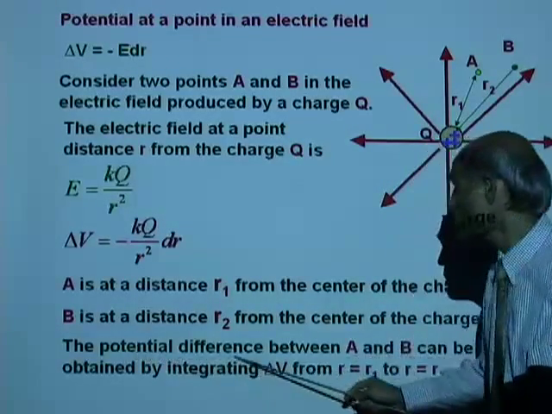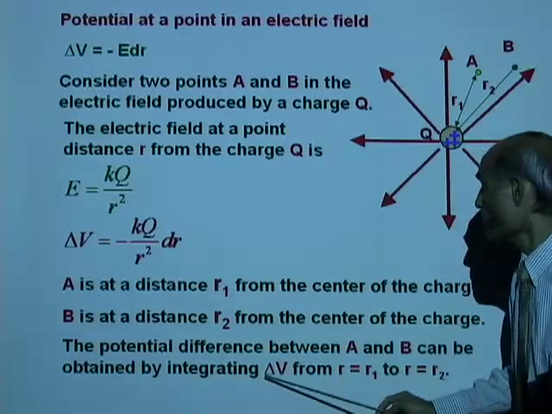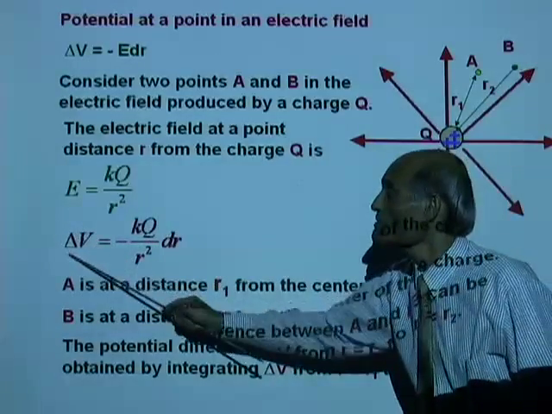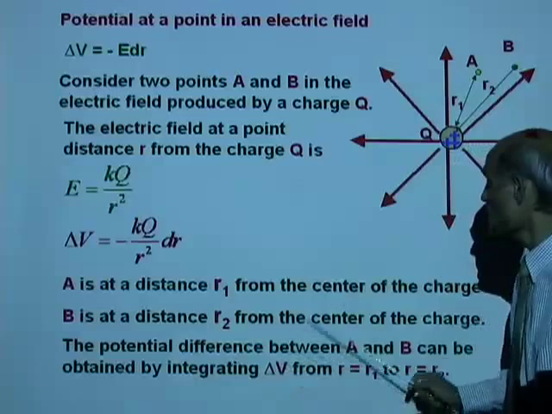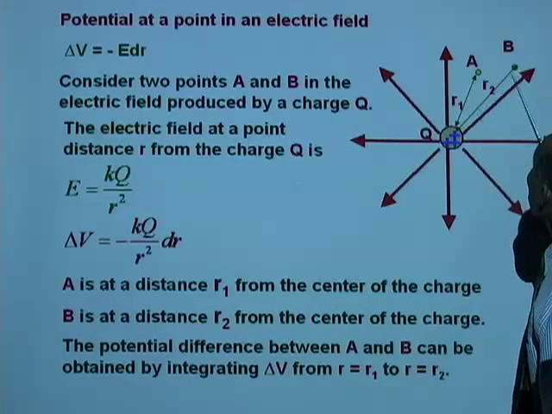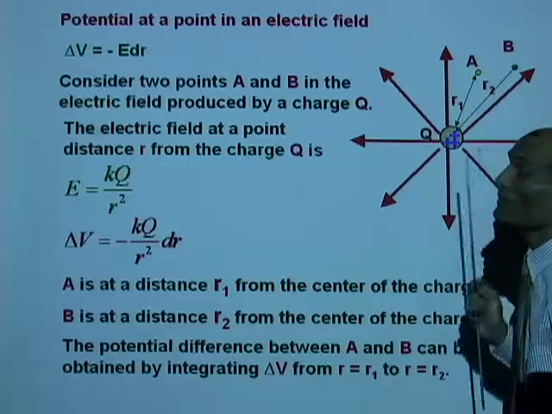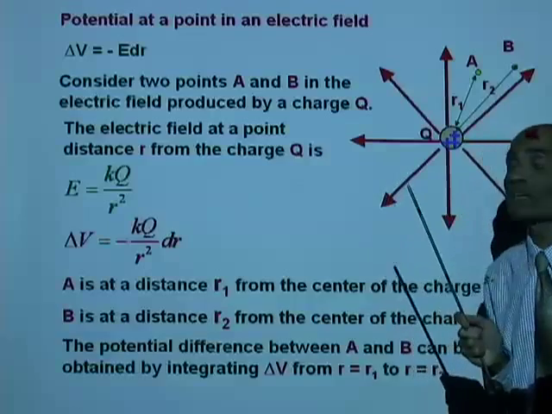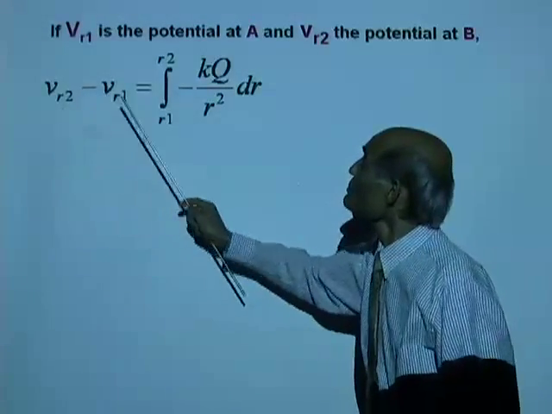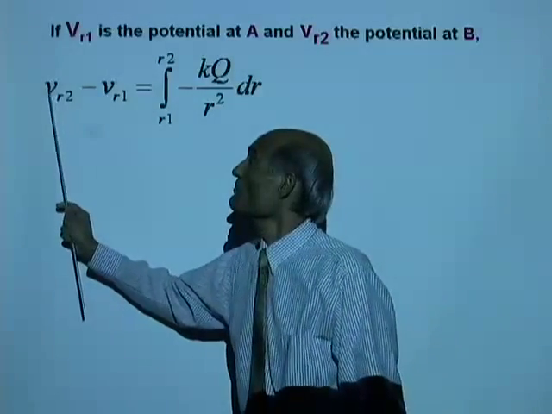The potential difference between A and B can now be obtained by integrating delta V. If you integrate this delta V from r equal to r1 to r equal to r2, then we can obtain a measure of the potential difference between A and B. So V(R2) minus V(R1), what does that tell you?